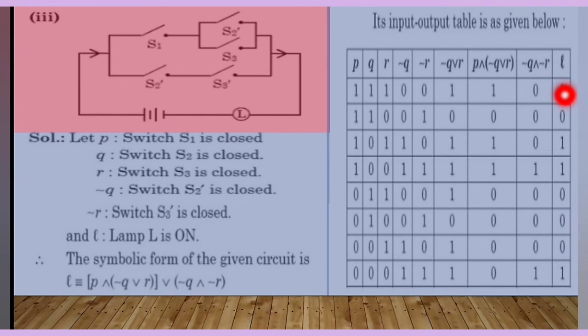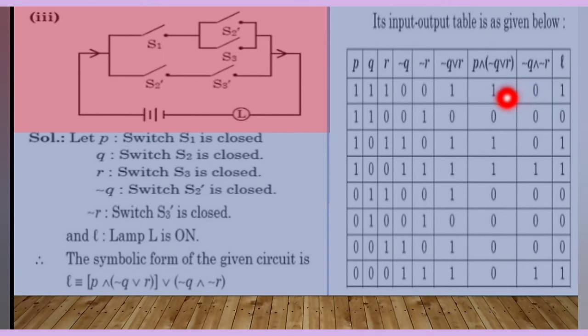We already learned: L means this first bracket, this column disjunction with this bracket. See here, this is the symbol of disjunction. Since 1 disjunction 0 is 1, that means T disjunction false is T. Similarly 1 or 0 is 1.